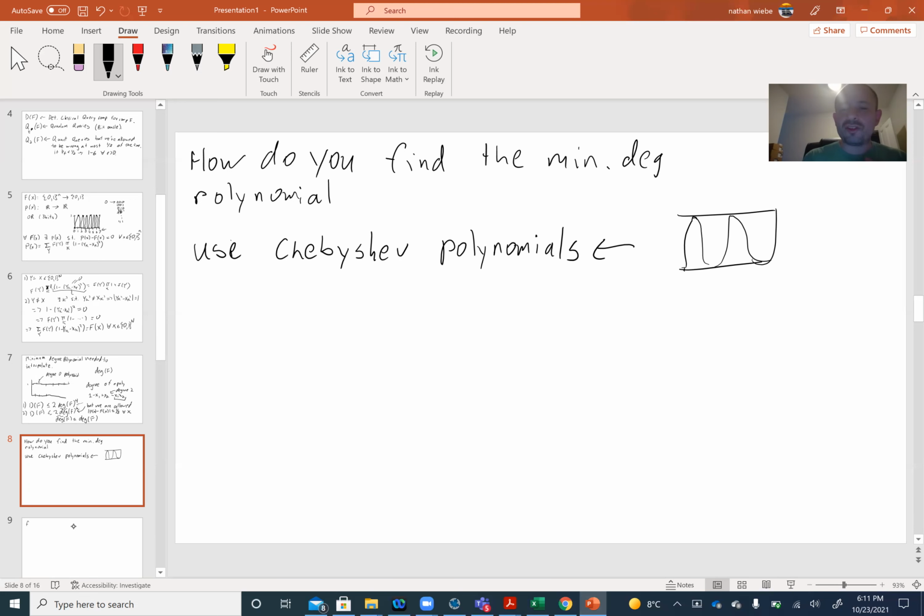So Chebyshev polynomials are fantastic because they're bounded and also closely mimic the minimum error polynomial of a given degree.